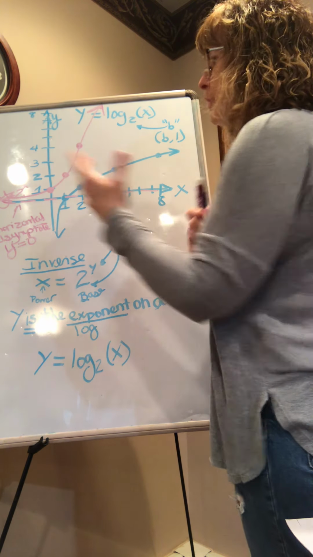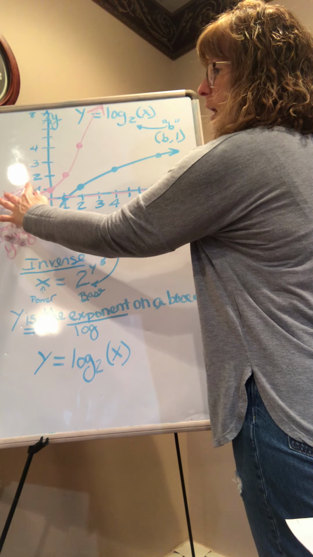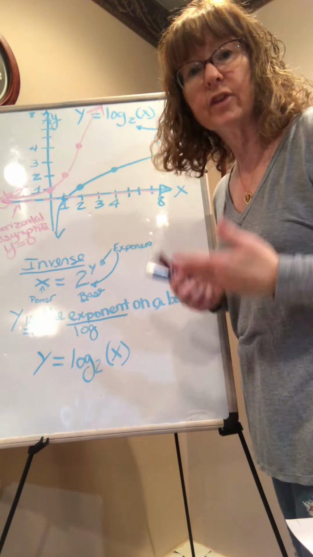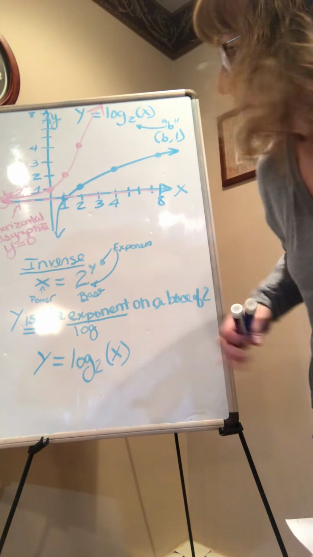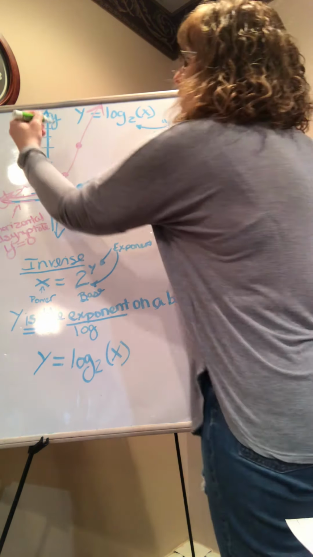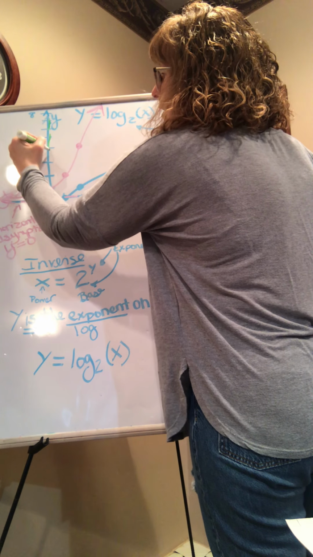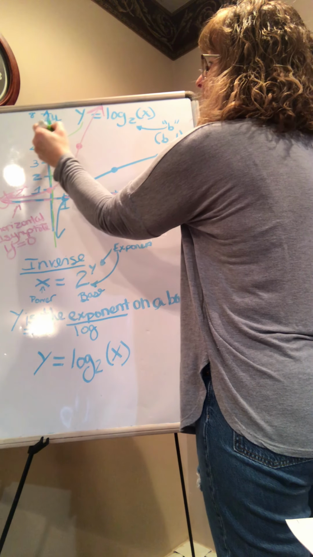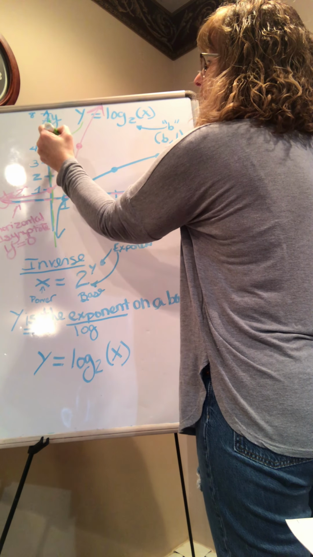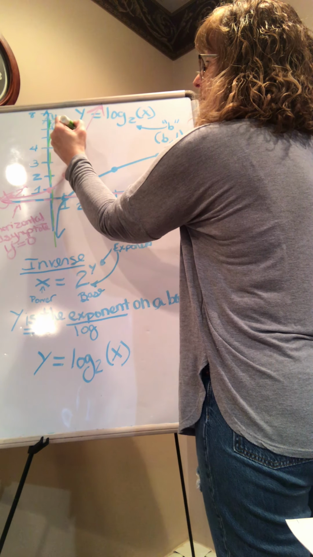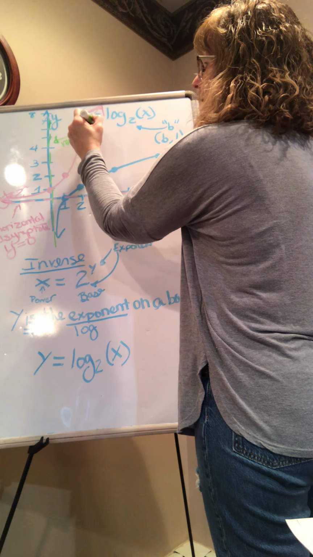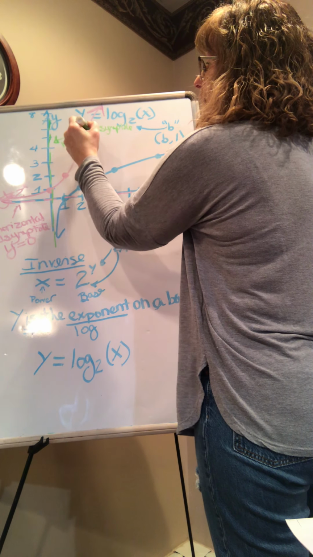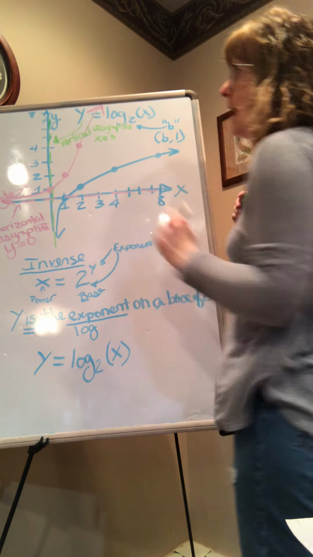Now, when I switched the x and the y, and now I have my log graph, which is here in blue, what that did was that switched my asymptote from being the x-axis to being the y-axis. So on a log graph, so for my log graph, I now have a vertical asymptote, which is x equals 0, or the y-axis.